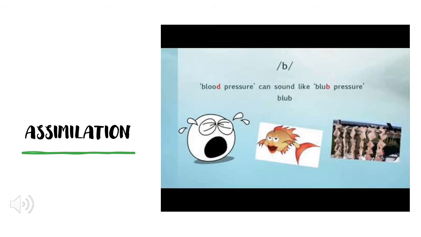The d sound of "blood", under the influence of the p that comes soon after it, becomes a b. That change in the quality of the sound is what assimilation is.